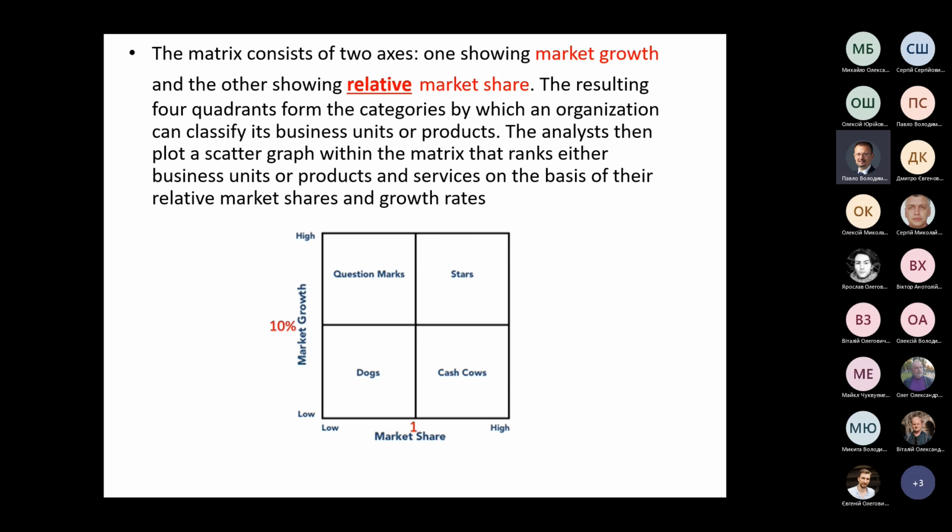So for example our volume of sales is 2 million, and volume of sales of the next company in the market is just 1 million. So it is like twice smaller.